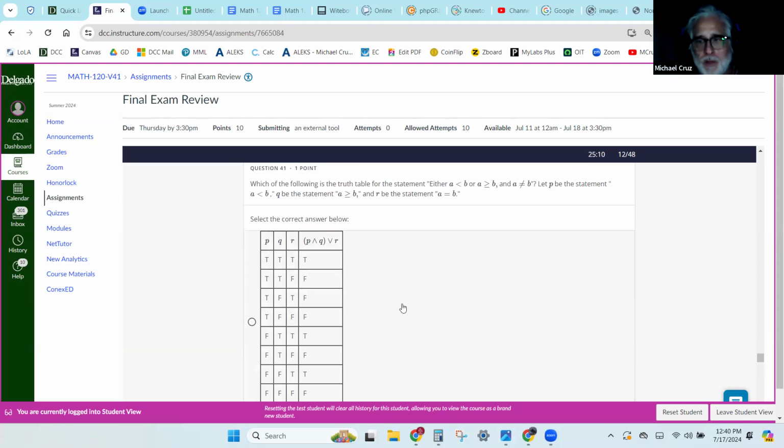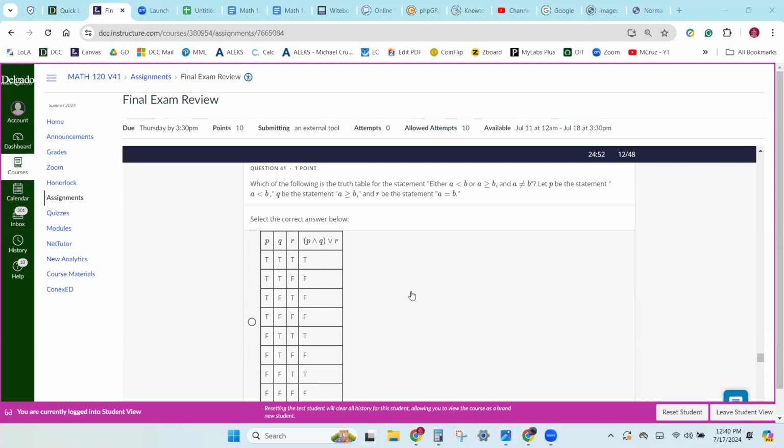Which of the following is the truth table for the statement? Yeah, I was confused on that one too. You just have to do the truth table.